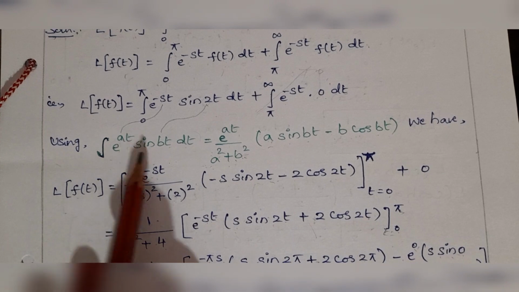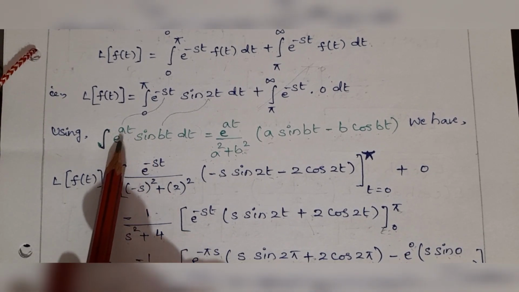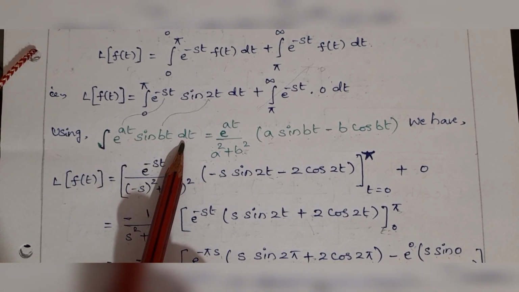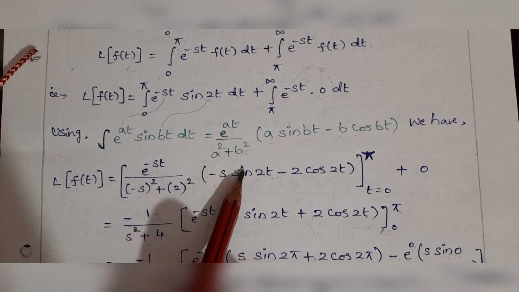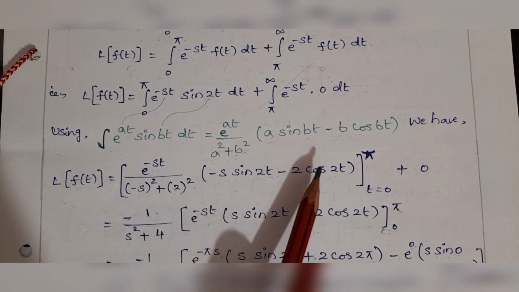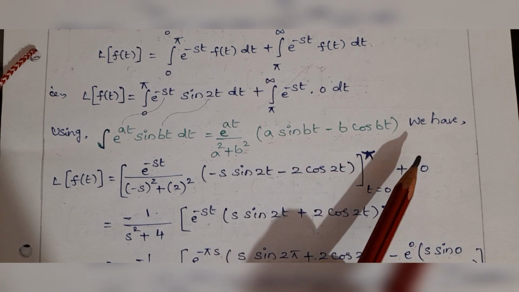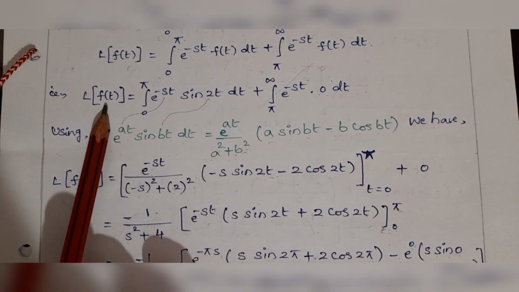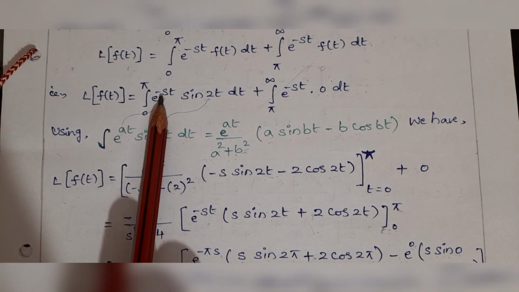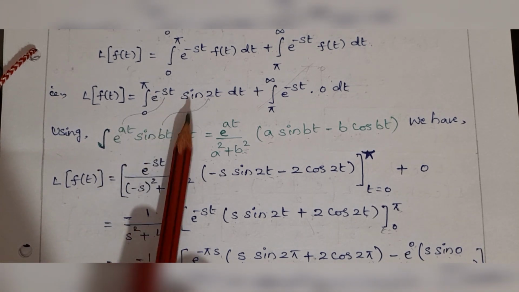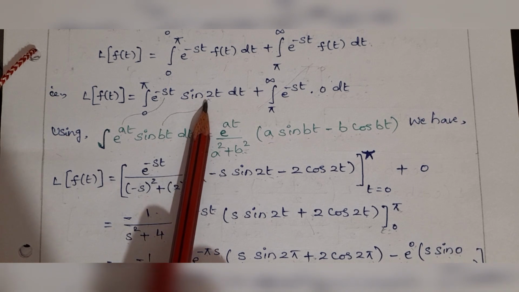So using this formula, integral of e power of at sin bt dt equal to e power of at divided by a square plus b square into a into sin bt minus b into cos bt. So LHS as it is, a place ಅಲ್ಲಿ minus s ಅಂತ ತಗೊಳ್ಳಿ, b place ಅಲ್ಲಿ 2 ಅಂತ substitution ಮಾಡಿ.